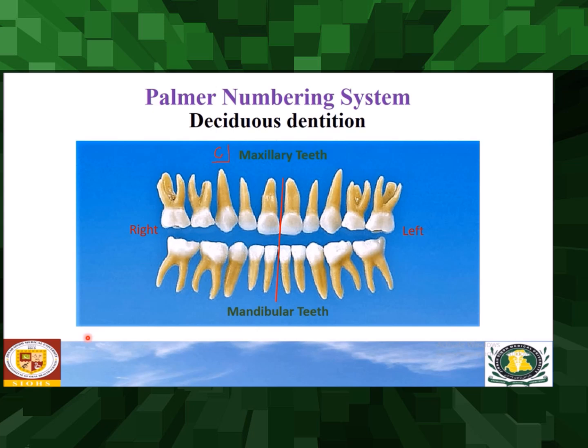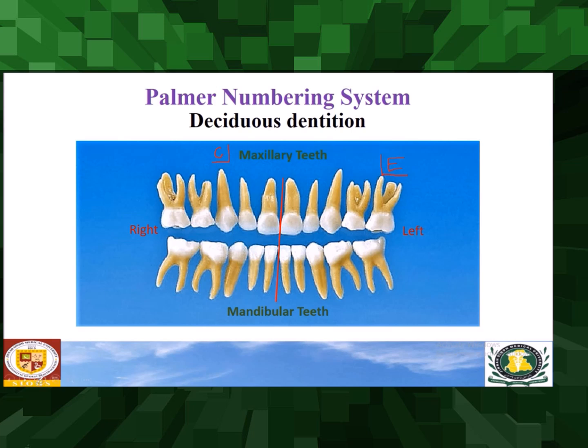So for this tooth, we use A, B, C, D and E. So we will write E over here in capital letters together with a symbol, and this symbol indicates the maxillary arch of the left side.